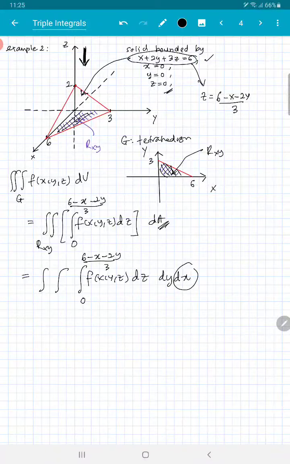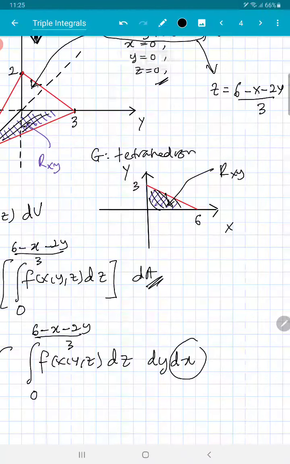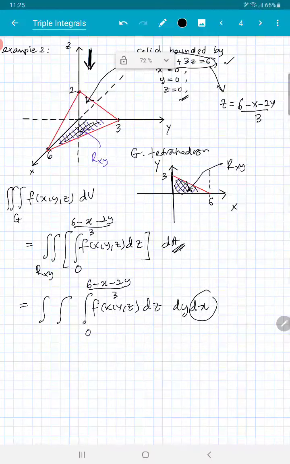Remember from double integrals, the outer integral should be from a constant to a constant. Looking at our region here, x is going to be from 0 to 6. So the lower limit for x is 0 and the upper limit for x is 6.